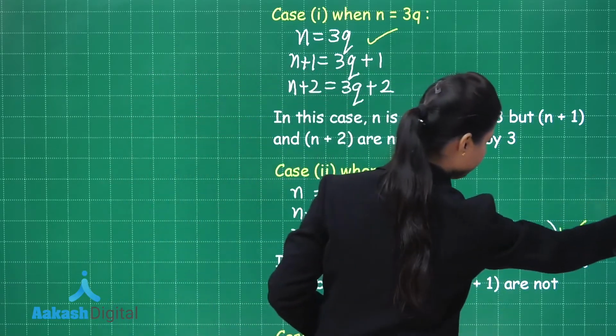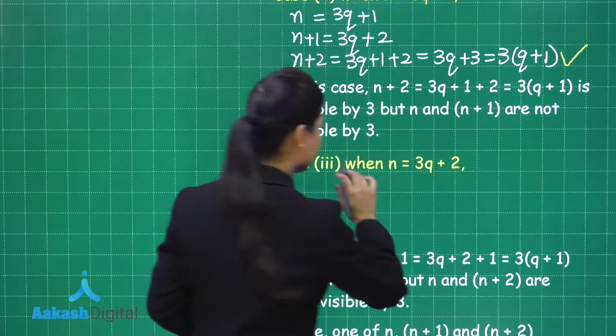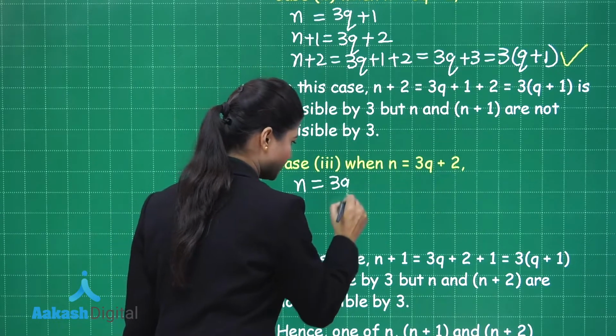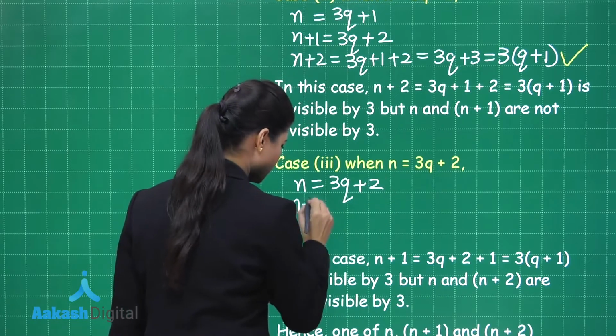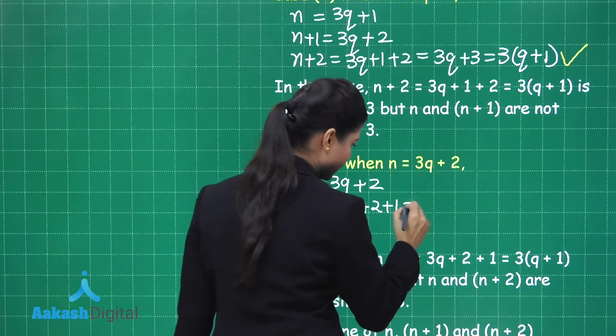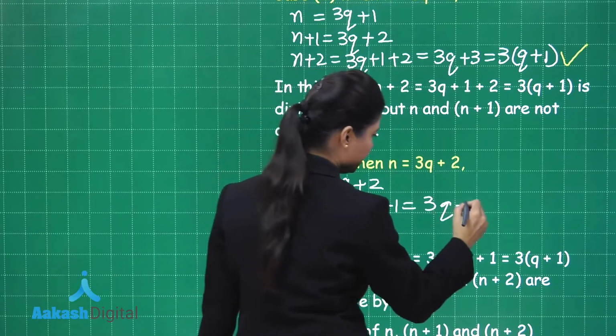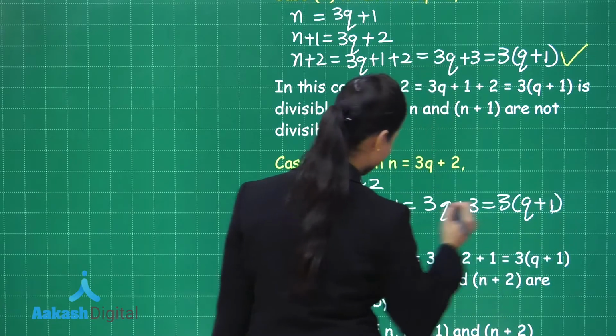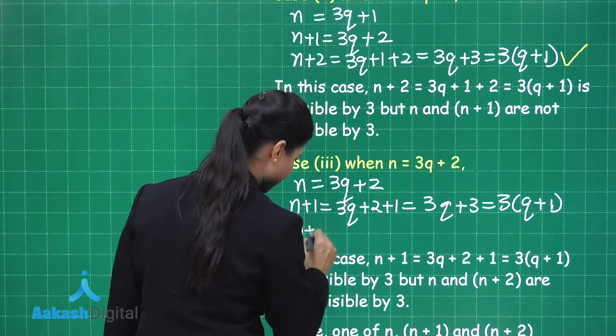In similar manner, let us take up here case 3 where I am considering n as 3q plus 2. So, I have n as 3q plus 2, n plus 1 becomes 3q plus 2 plus 1, that is 3q plus 3, and here you can easily take 3 as common, resulting here q plus 1 in the bracket. And next I have n plus 2.